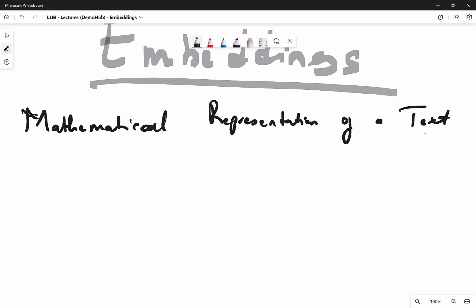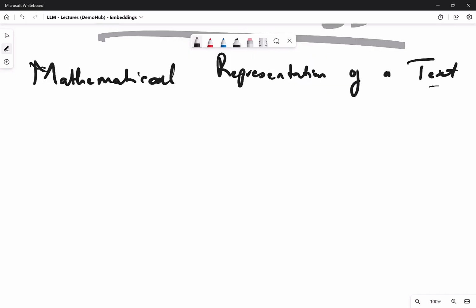If we have a text, a word, a sentence, a paragraph, an essay, or just any corpus of information written in language textual form, and we want a mathematical representation of that in numbers, that would be an embedding in the simplest terms.